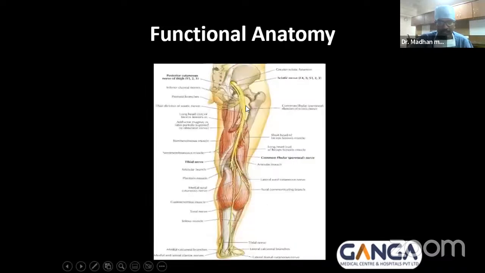In the thigh, it descends between the greater trochanter and the ischial tuberosity, where it gives numerous articular branches to the hip joint and knee joint. At the level of the distal one-third of the femur, it diverges into the tibial nerve and the common peroneal nerve. The tibial nerve supplies most of the dermatome, myotome and osteotome below the knee joint.